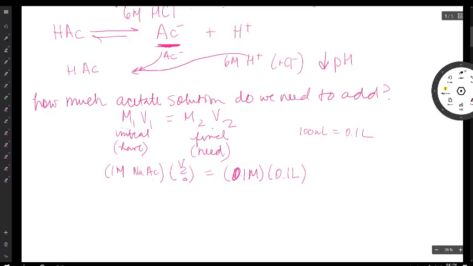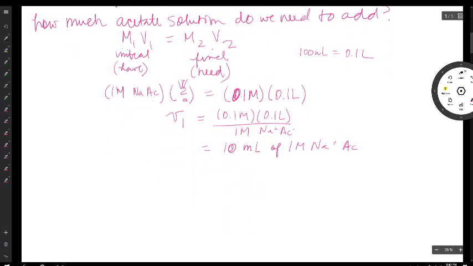So we can solve for the volume added. So V1 equals 0.1 molar times 0.1 liter over 1 molar sodium acetate. And then we need 10 milliliters of 1 molar sodium acetate. All right, so we only need 10 mils of that solution.